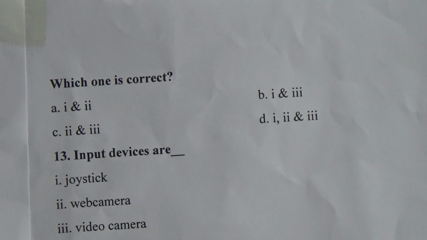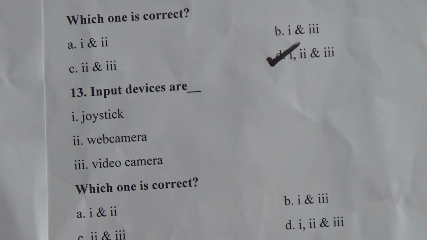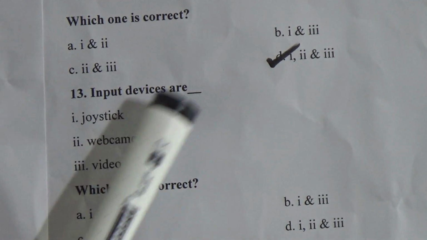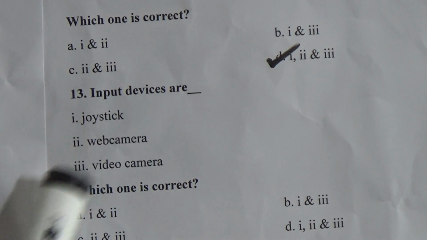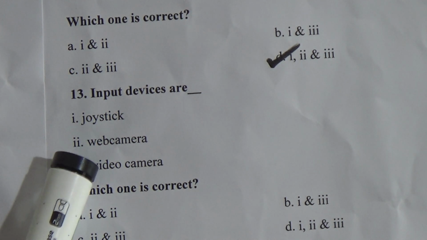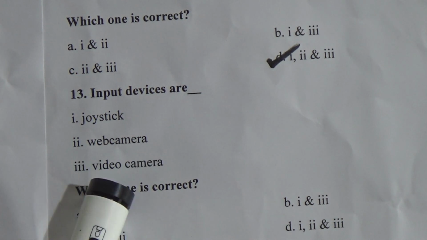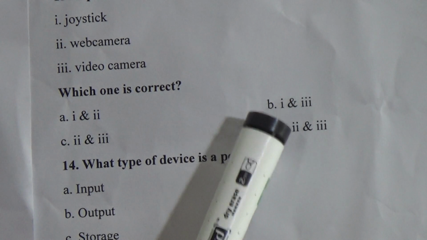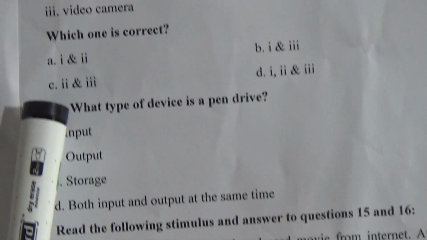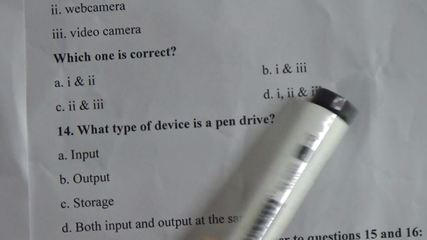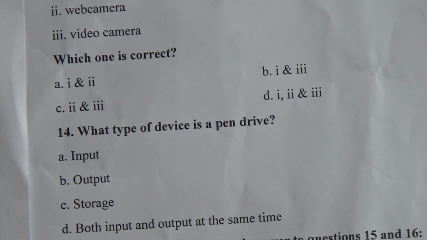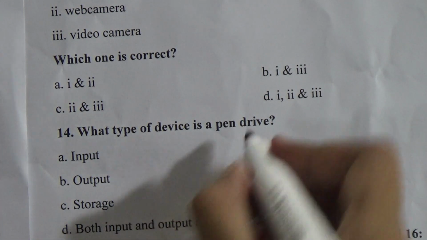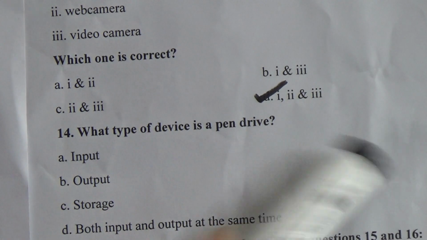We know inside the computer there exists input, memory and processor, that means number D. 13, input devices are 1 joystick, 2 webcam, 3 video camera. Which one is correct? A 1 and 2, B 1 and 3, C 2 and 3, D 1, 2 and 3. We know input devices are joystick, web camera and video camera. That means 1, 2 and 3.